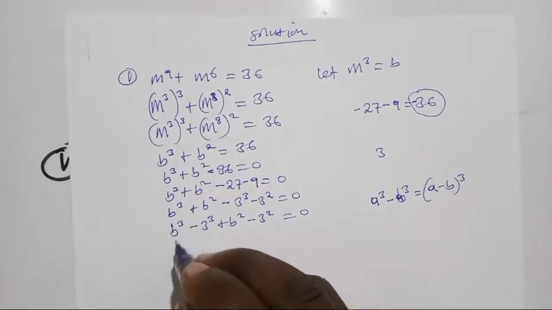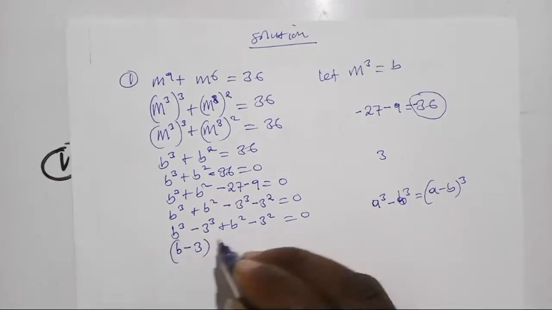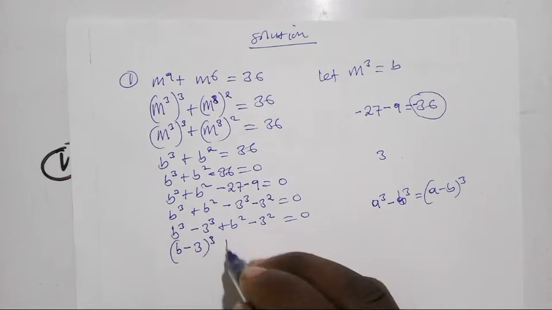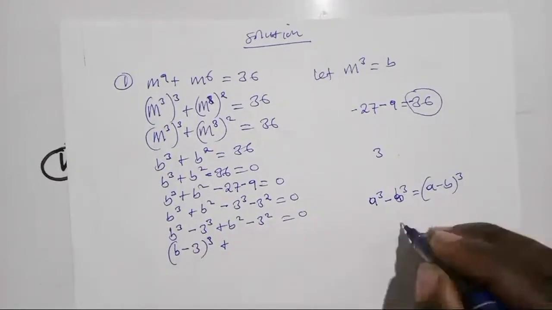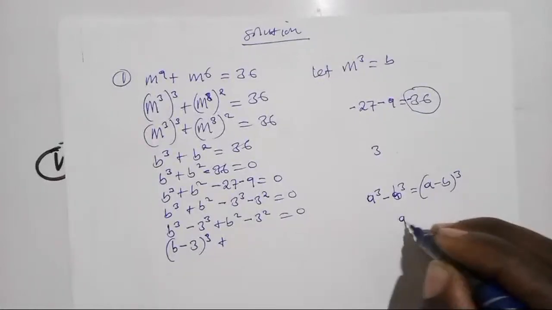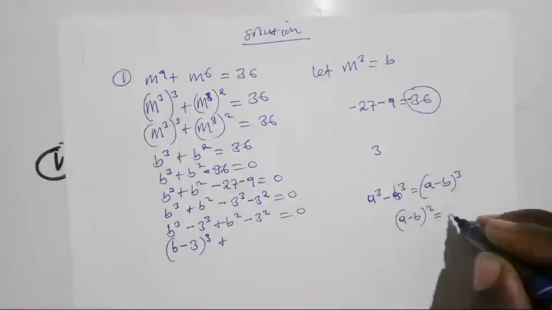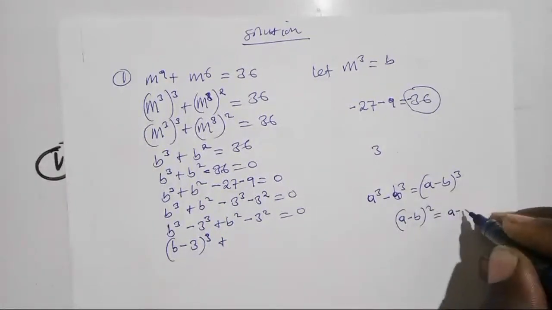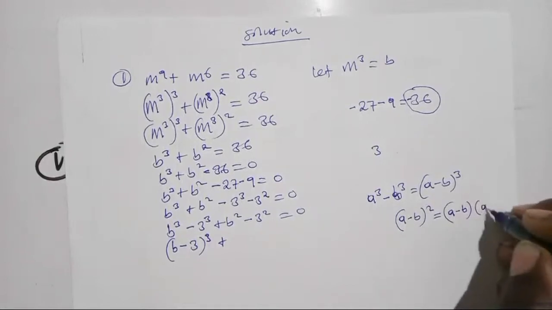So we're going to say b minus 3 in the bracket, then power 3, plus this one here, it's same as difference of two squares, in which we have a squared minus b squared is equals to a minus b, then a plus b.